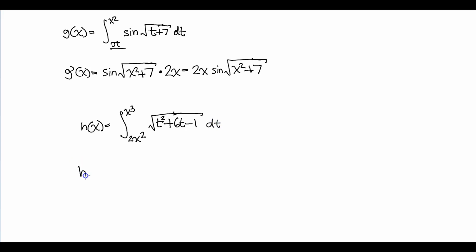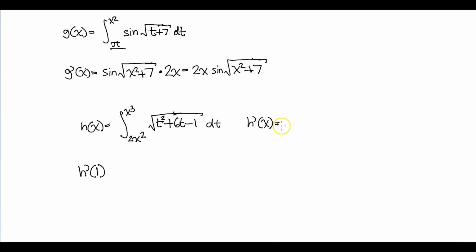Okay, so let's find h prime of 1. So how do we do this? Well, let's just first find h prime of x. Okay, so we have two functions of x.